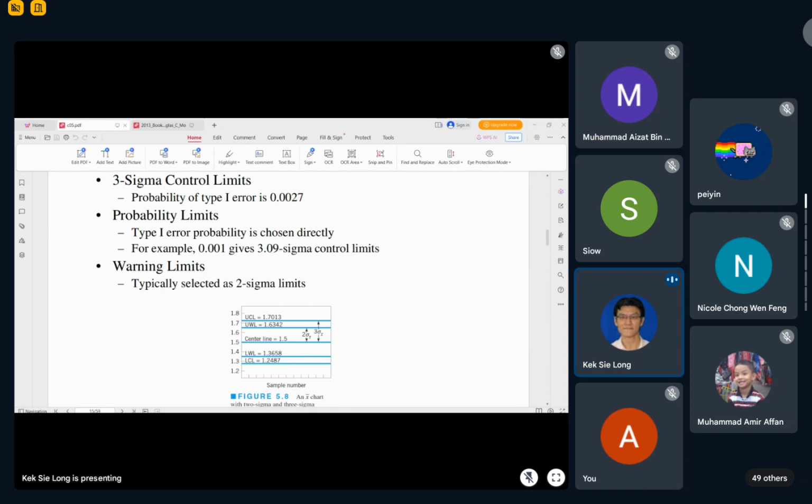We have discussed 0.001, so how do we know the sigma control level? Just refer to the statistical table for 0.001. Make sure you know how to read the table.